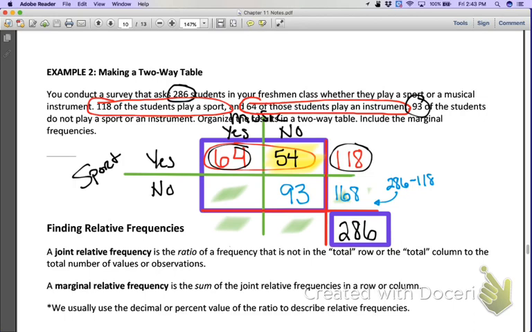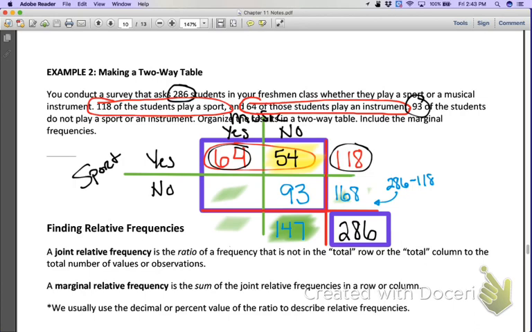Okay, all we did was just took the total and subtracted the 118. What about the no column? How do we find the no column that's down here? 168. Add up 54 and 93. So 147.